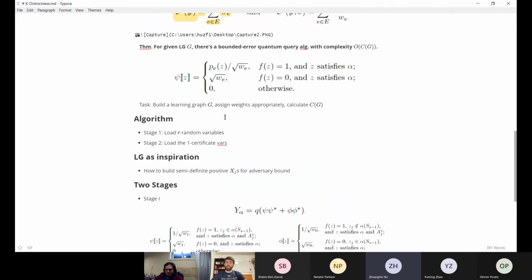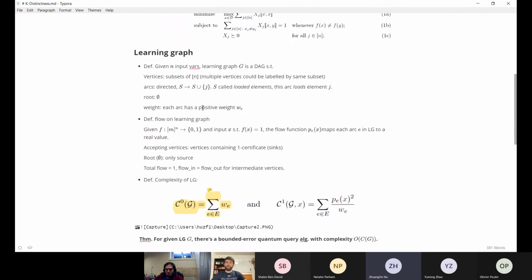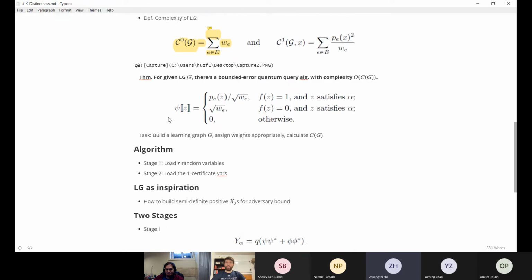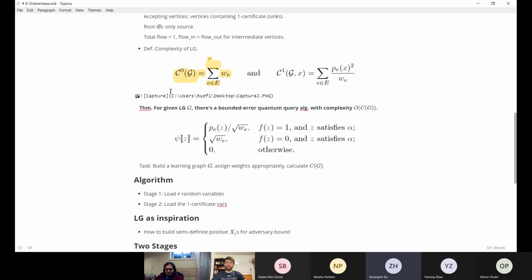Basically, based on this learning graph technique, we'll try to solve this K-distinctness problem.